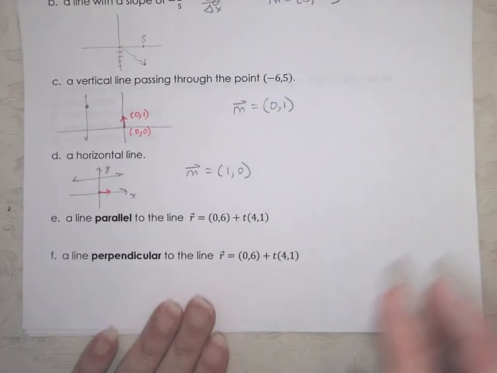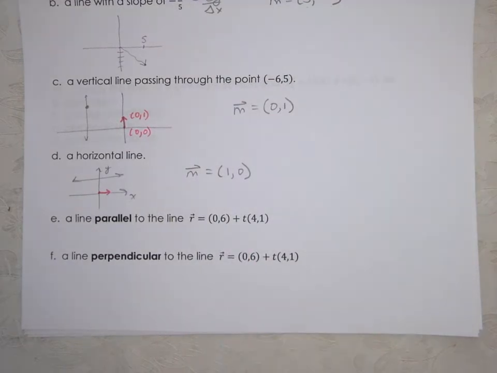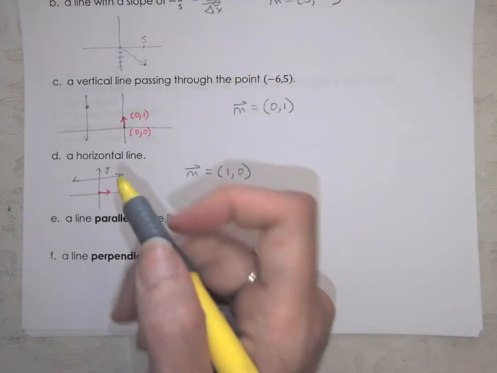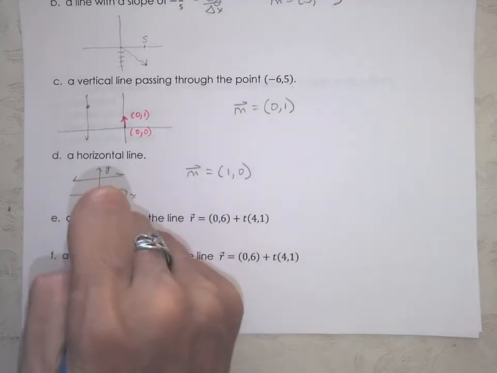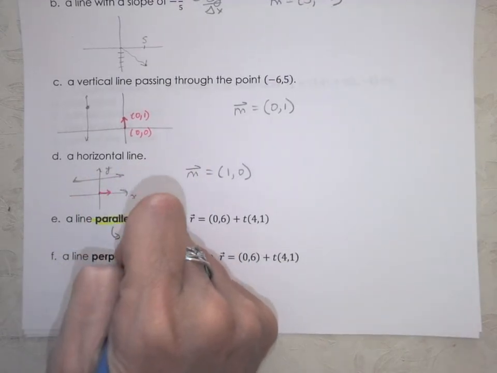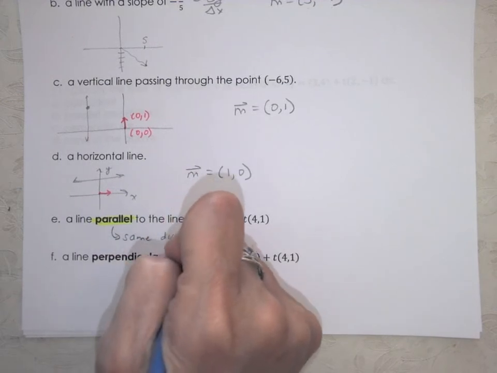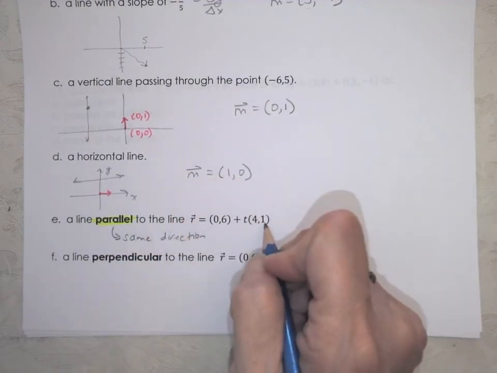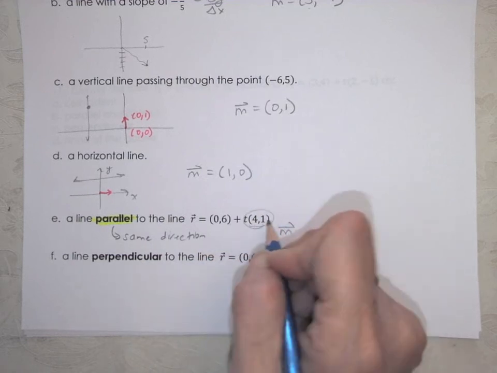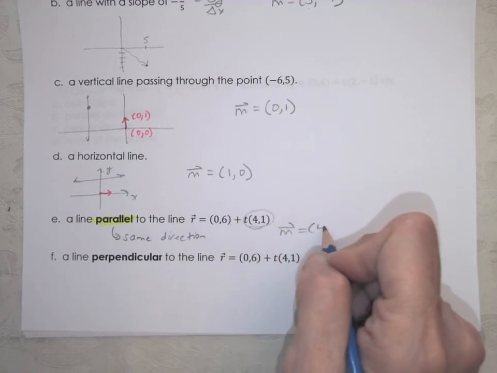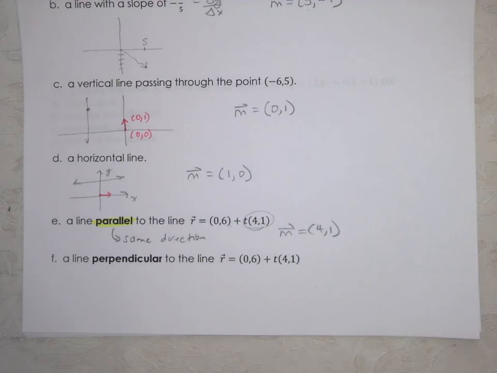A line parallel to this line, so parallel means same slope or same direction. So in our case, if it's going to be parallel to this line, it's going to have the same direction. We know the direction vector is 4, 1, so it's going to have the direction vector 4, 1.